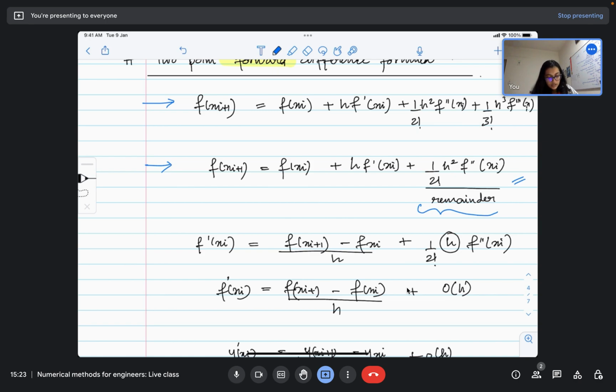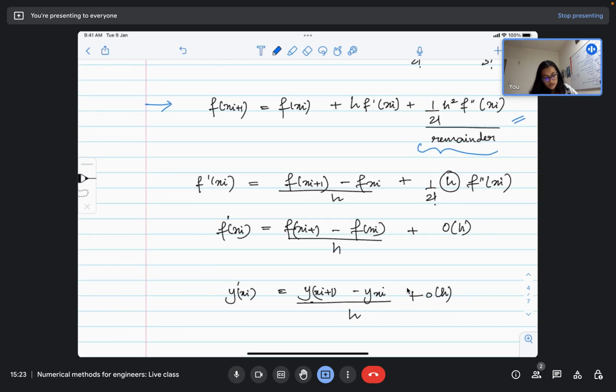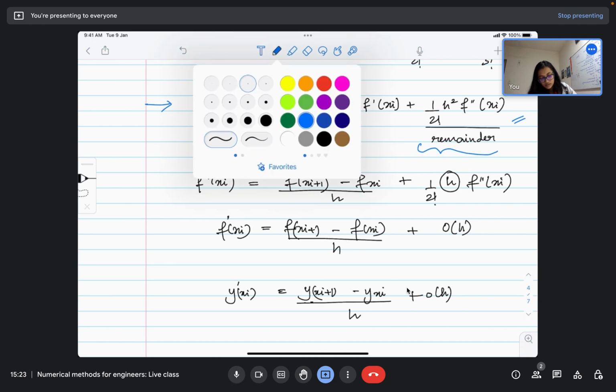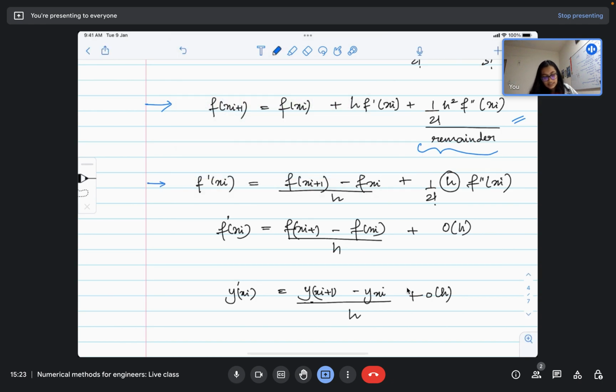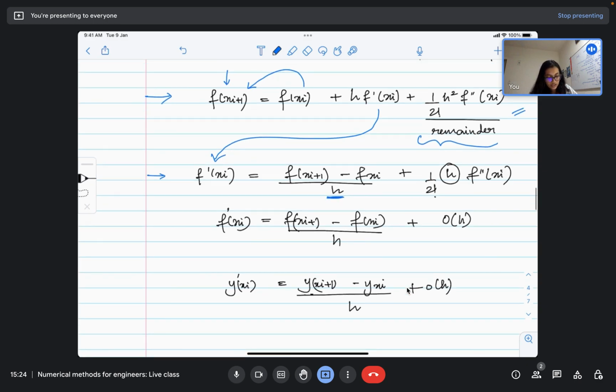Okay, so what we will do now is again rearrange and write down f dash of xi will be equal to f of xi plus 1 minus f of xi, okay, divided by h, the difference that we have chosen, plus the truncation error.